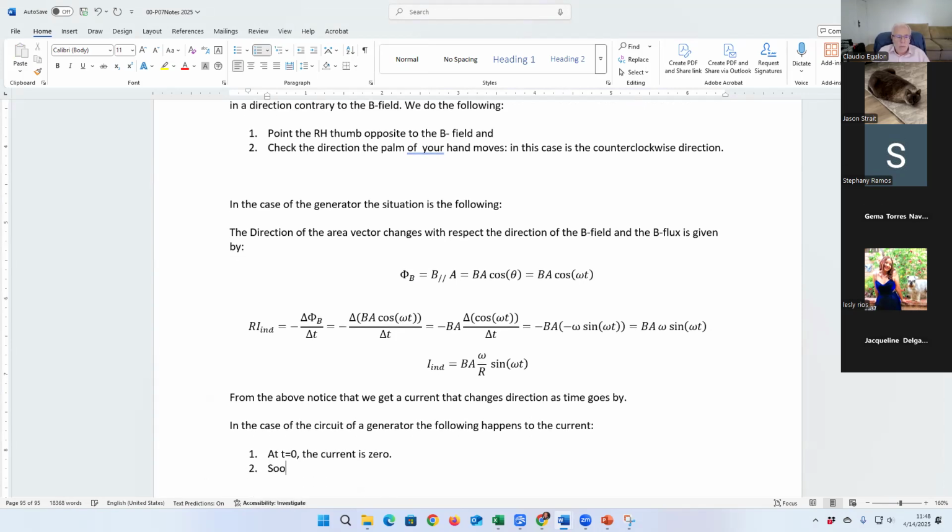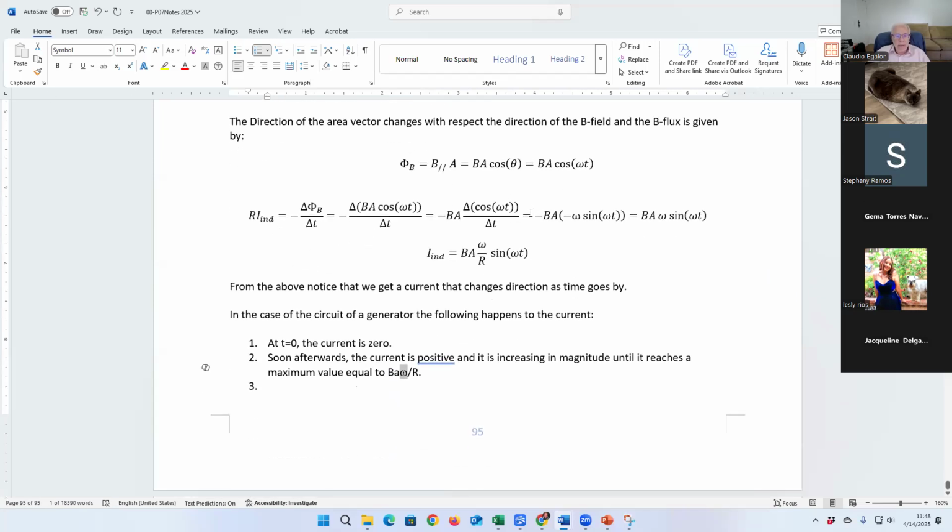Two, soon afterwards, the current is positive and it is increasing in magnitude, until it reaches a maximum value equal to BA omega divided by R. That's the maximum value of the current for this specific case.